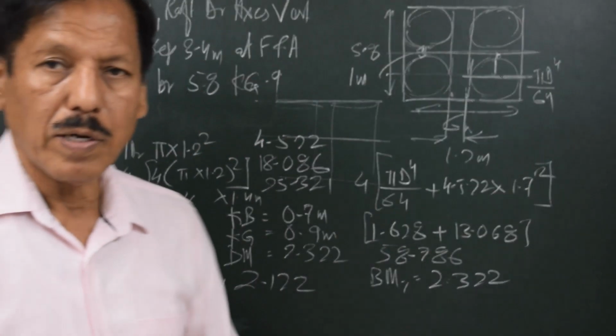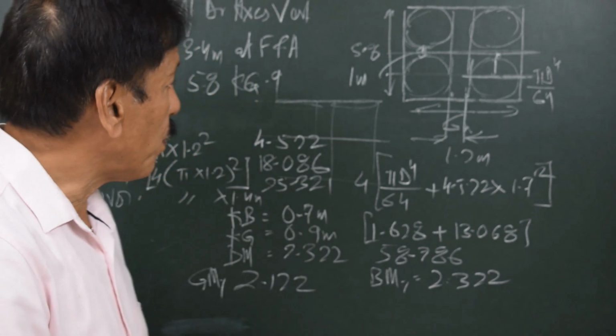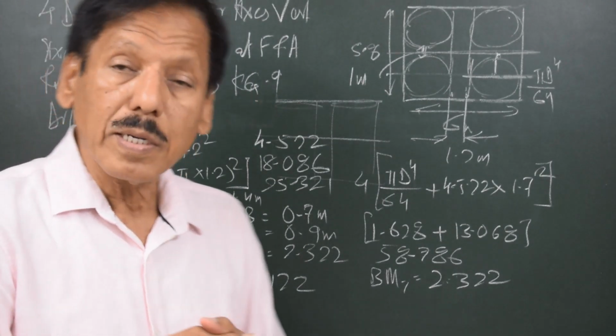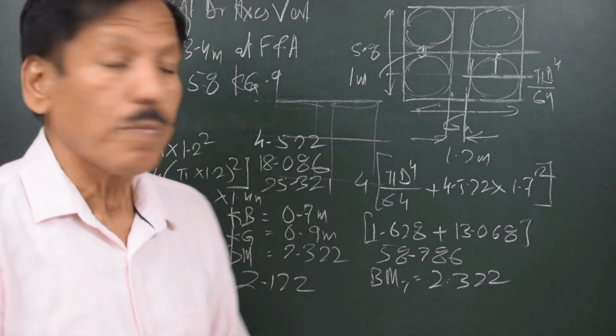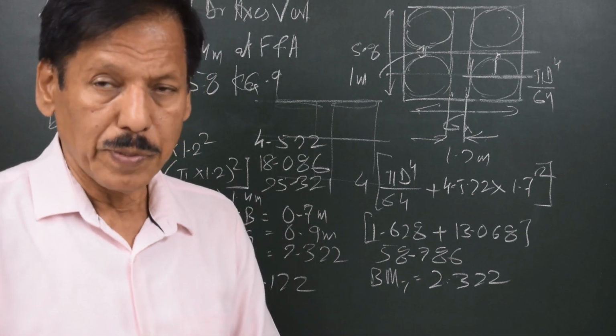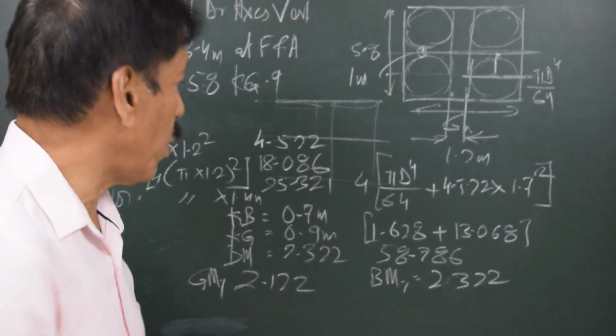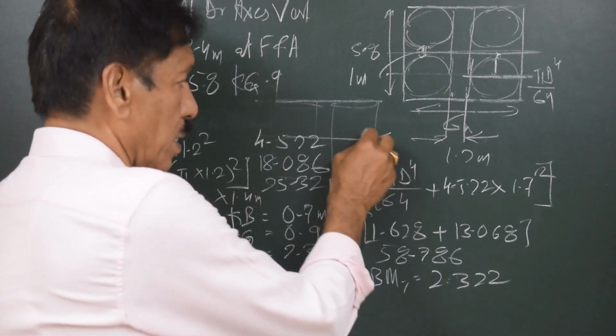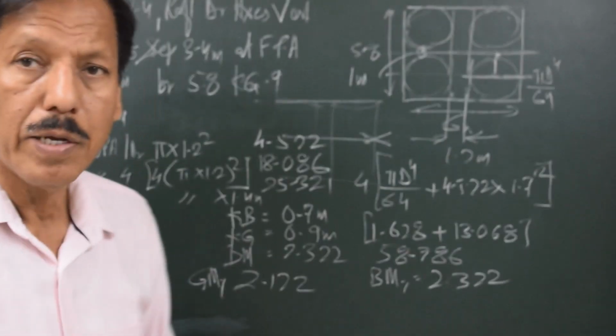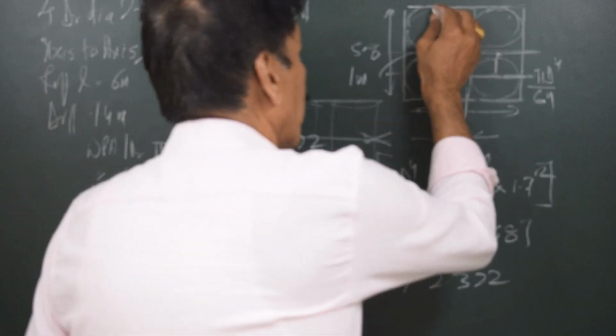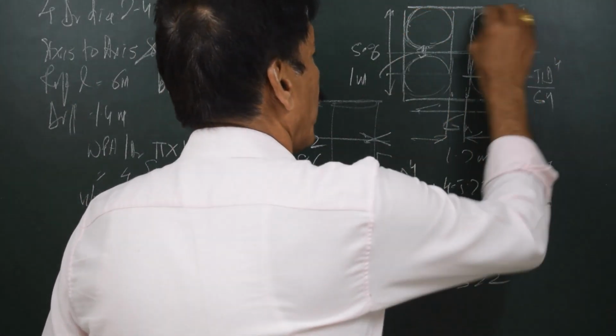So this is how we find out the GM of a raft that is made up of 4 vertical drums. So the main calculation here is, if we cut the raft along the water line, you will find the transverse waterplane areas to be like this, 4 circles.